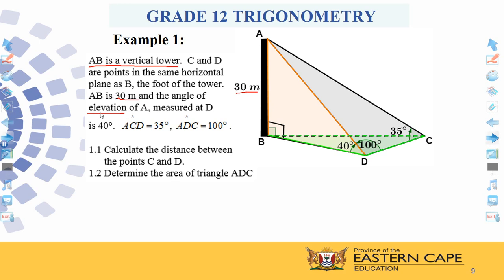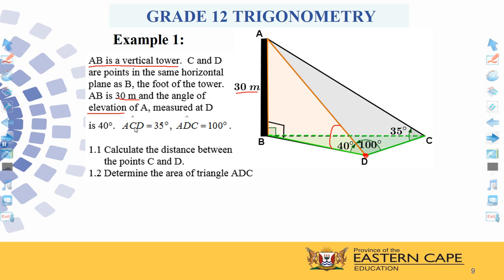Now they say the angle of elevation of A, measured from D. Now, where is D? That's where our eye is going to be. There is D. So the angle of elevation from here is 40 degrees. That is to A. So this angle at D is 40 degrees, the angle of elevation.